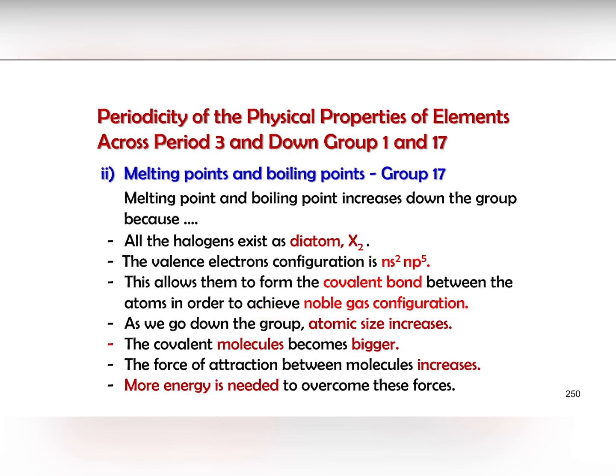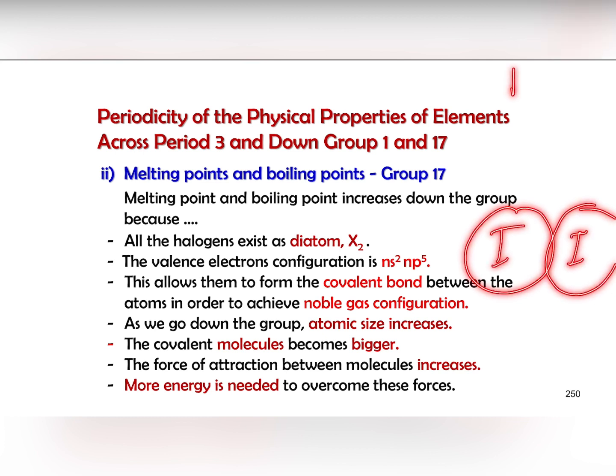So untuk group 17, as we go down the group, atomic size will become bigger. So, bila atomic size become bigger, so macam contohnya, if you have I2, so between I2 dengan F2.